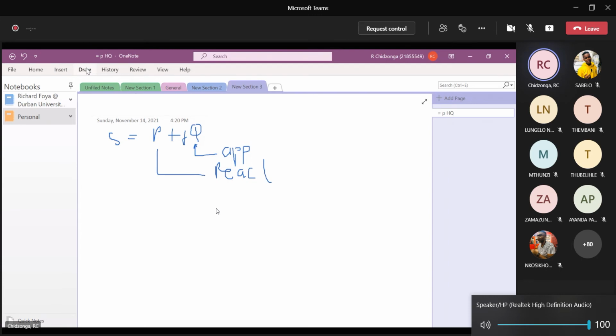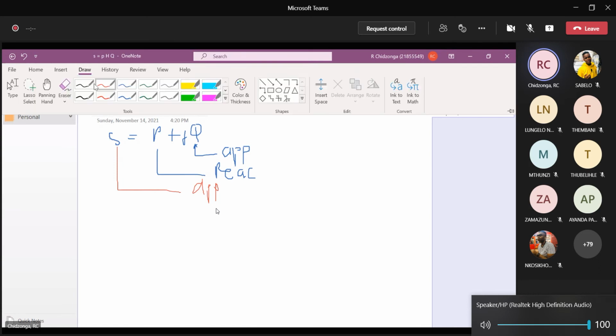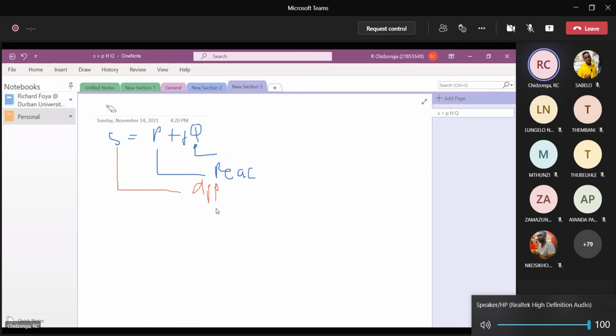And then your S, this here is the apparent. This is reactive power, not apparent. Q is reactive, P is real, and S is apparent. And we said we can draw a power triangle.